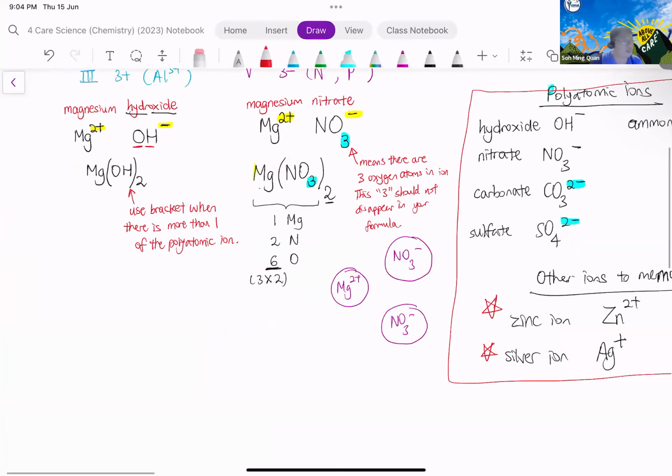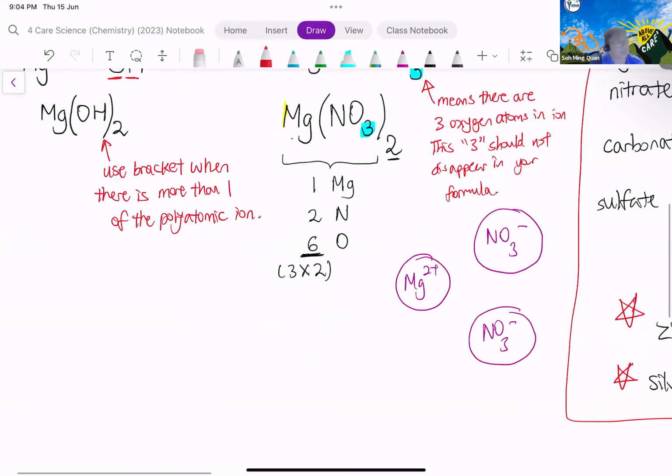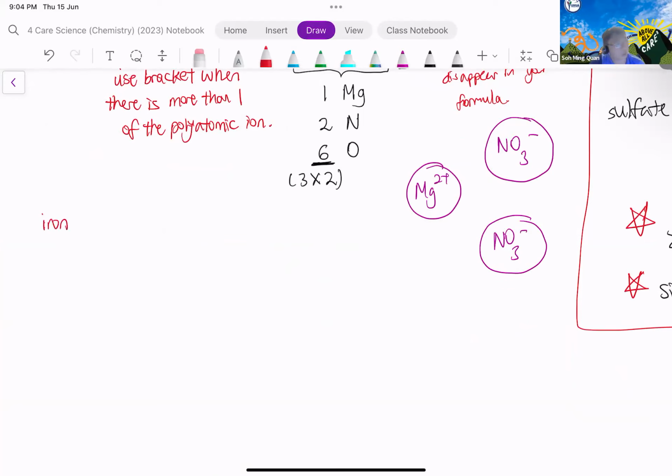Now, before we go on to covalent compounds, let's go through one last example, which is if there's a Roman numeral written. So for example, what if I ask for the formula of iron 2 nitrate? So some of the metals like iron and copper, you cannot just say iron nitrate. You have to have specified a number.